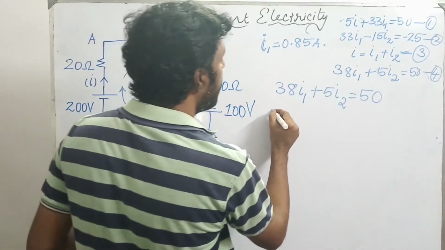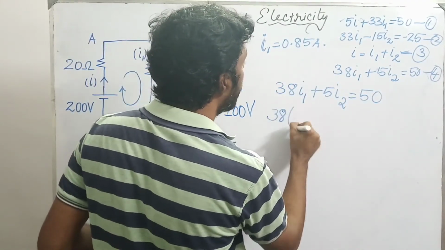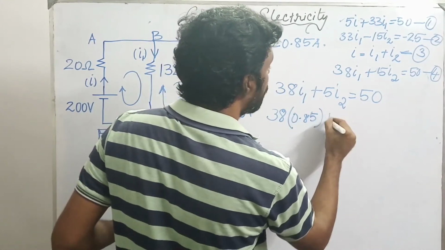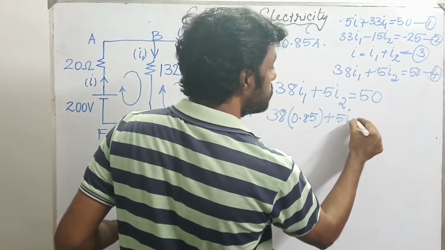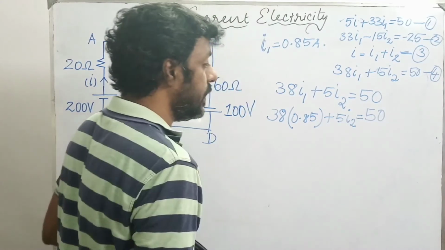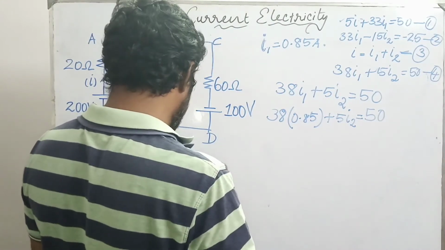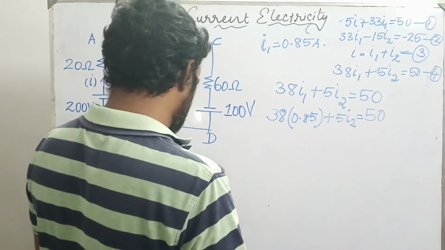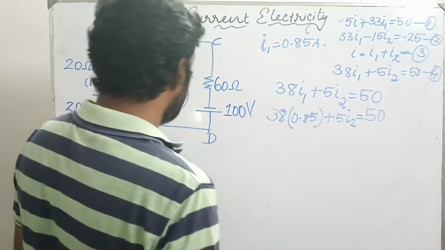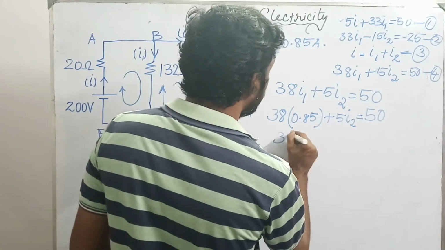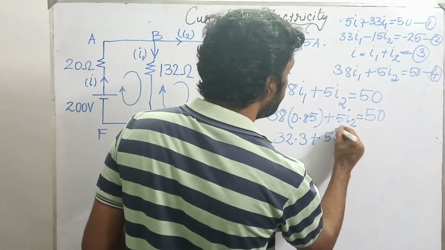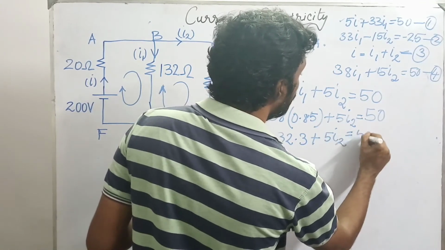As we have obtained the value of I1 as 0.85, we get 0.85 into 38 plus 5 into I2 equal to 50. 0.85 into 38 is 32.3, so 32.3 plus 5I2 is equal to 50.